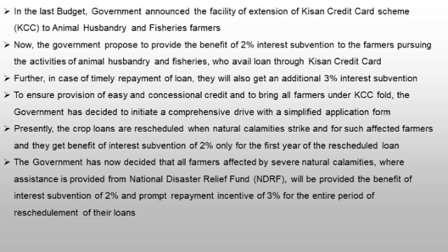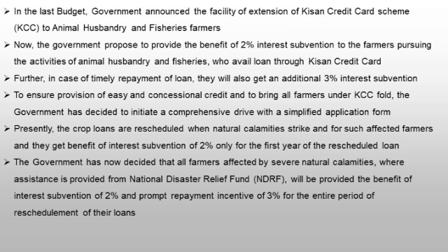And friends, another thing the government has proposed is that whenever there are natural calamities, the farmers get interest subvention of 2% only in their first year. But now the government has promised they will receive 2% and 3% interest subvention for their entire period of rescheduling.